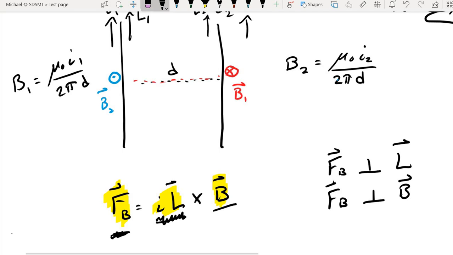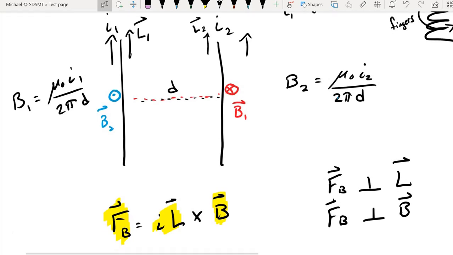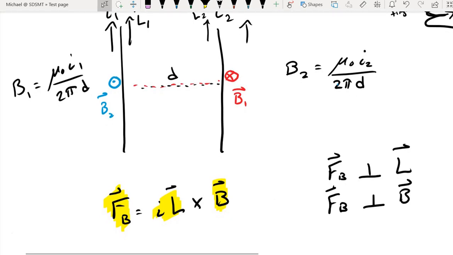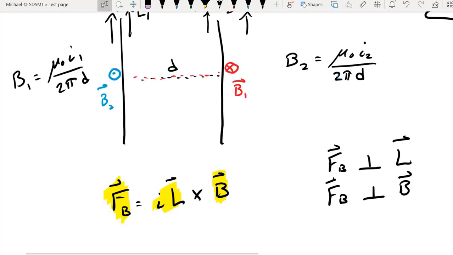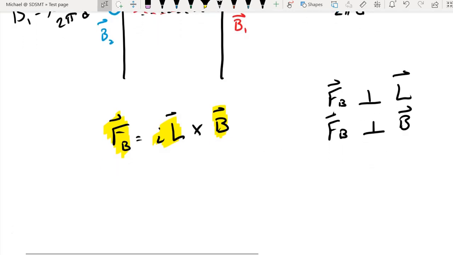Alright, so next, now that I can see which way all these vectors are pointing, I need to figure out which way the resultant force vector is going to point. Let's start with wire 1. I want to know what force is acting on wire 1 as a result of wire 2.